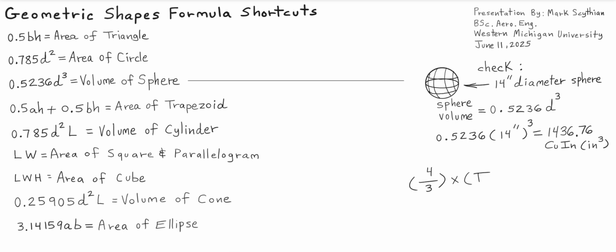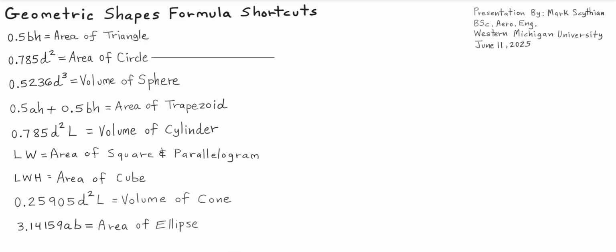So if we check it with the conventional method, 4/3 times pi times r cubed, so 14-inch diameter divided by 2, 7-inch radius cubed, times pi times 4/3, we also solve the same value, 1436.76 cubic inches.